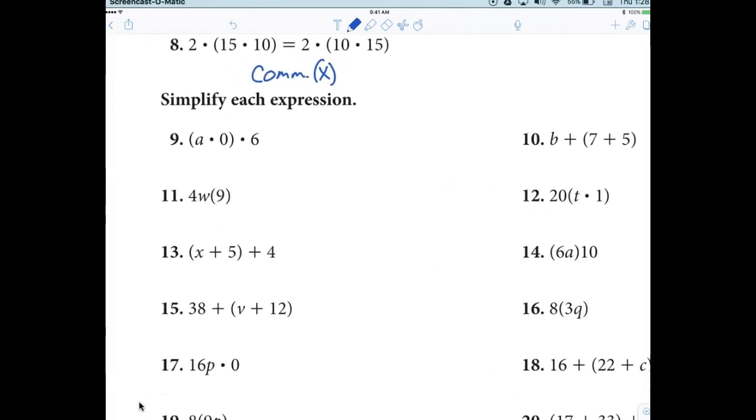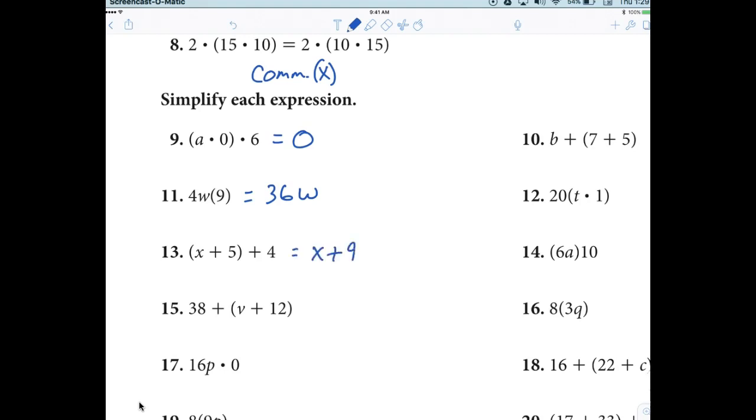So let's just practice. Obviously, the answer for 9 is what? 0, because we're multiplying by 0. Anytime we multiply by 0, we get 0. Now number 11, what's 9 times 4? 36. So that simplifies to 36W. You guys should know this, right? That's not a problem. Now, on this one, just see if you agree with me.